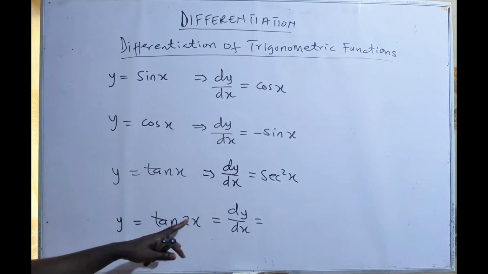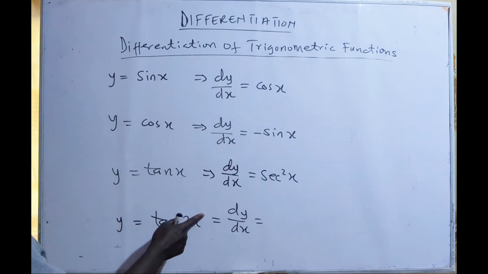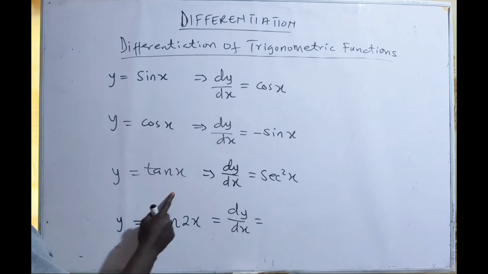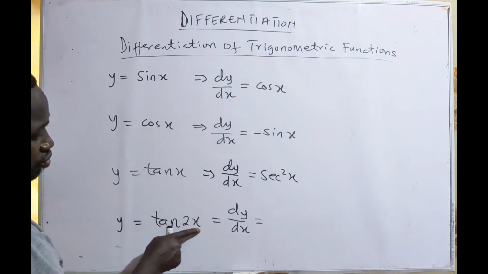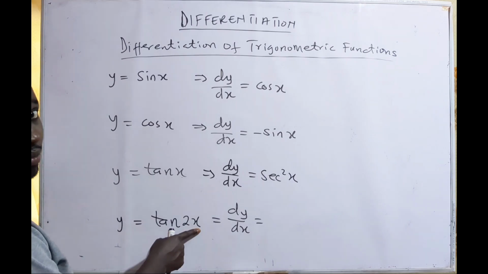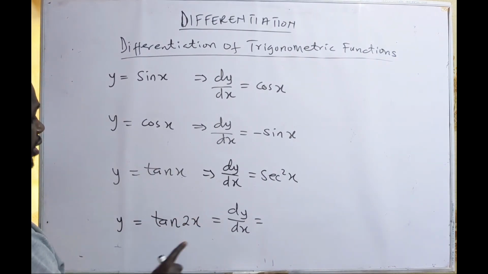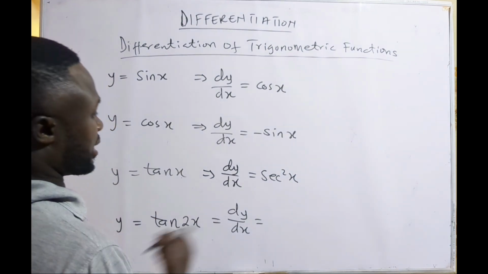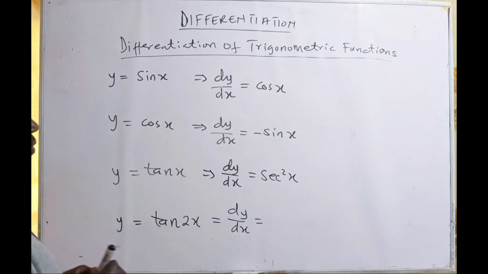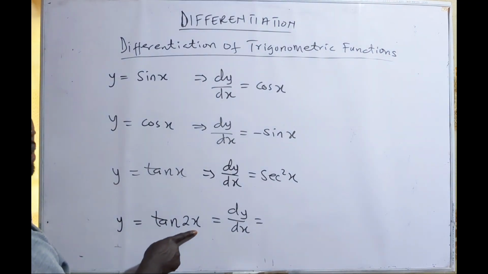What you do is you differentiate the whole of this, then you differentiate the 2x. The differentiation of tan x is what? Sec square x. So I differentiate the whole of it, then I multiply by the differentiation of the 2x.